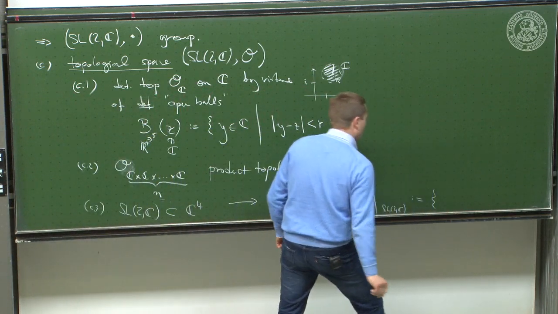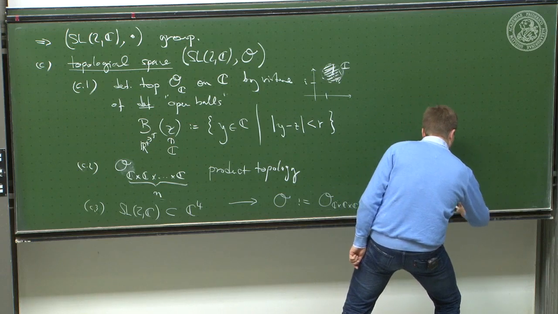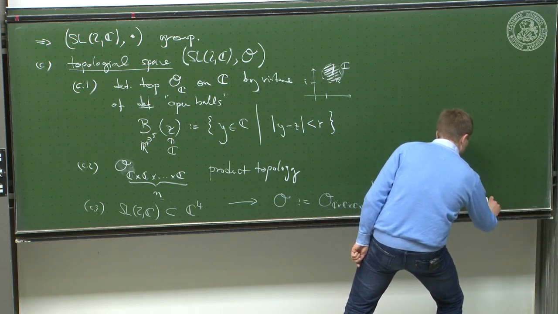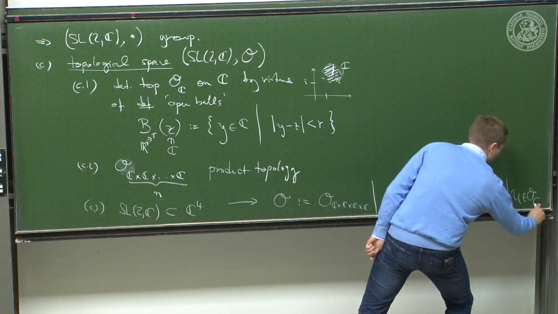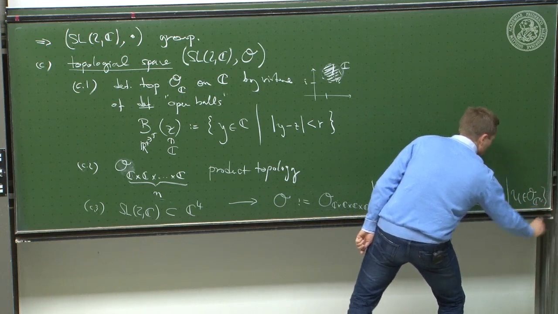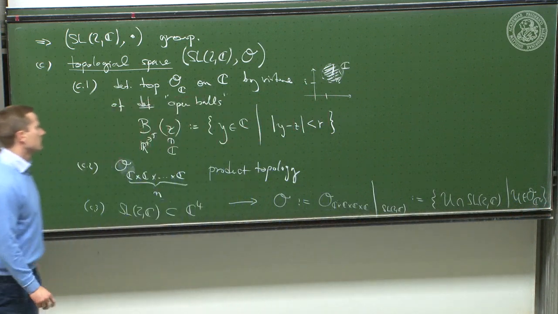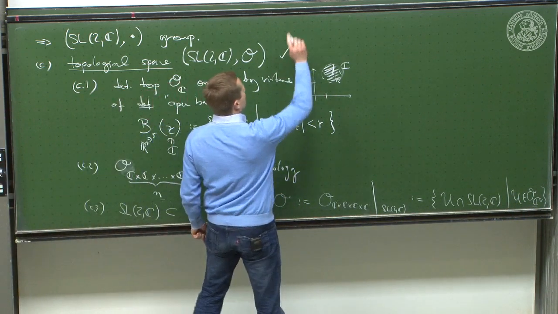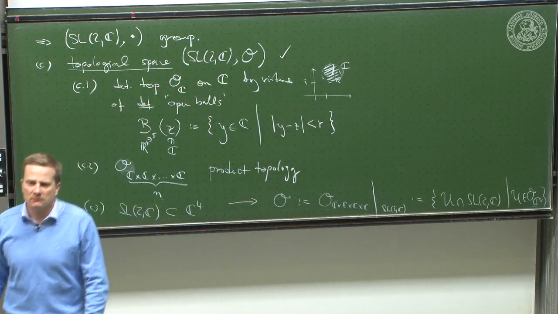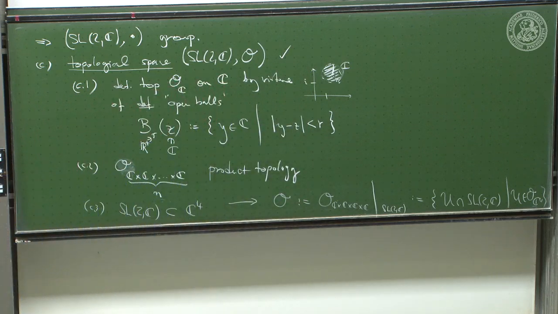Those were all the sets of the form U intersected SL2C, where U was open in C4. And then we have a topology, and we equipped SL2C with some topology. Very natural to do that, right? Okay. So now we have SL2C, a topological space.